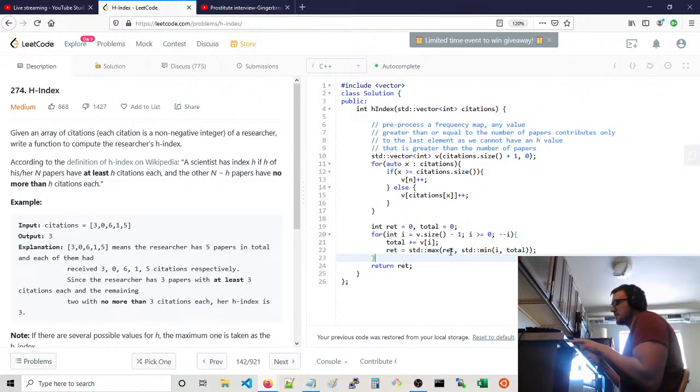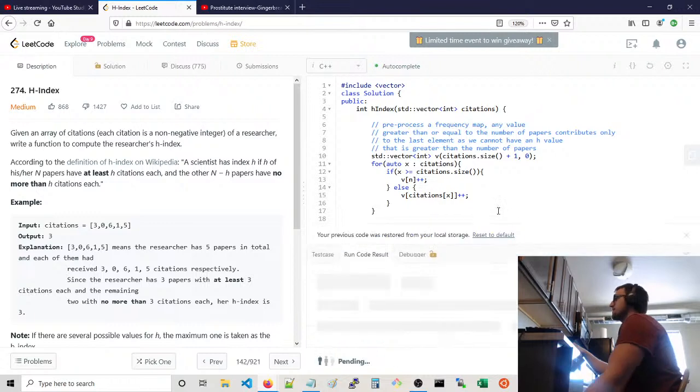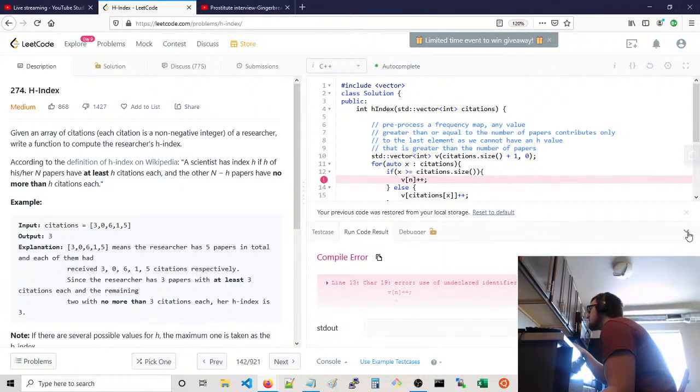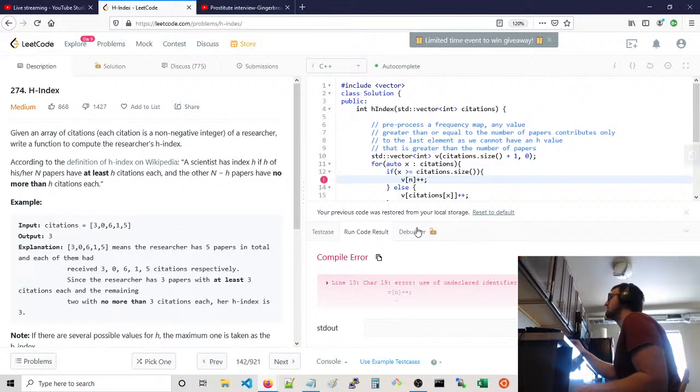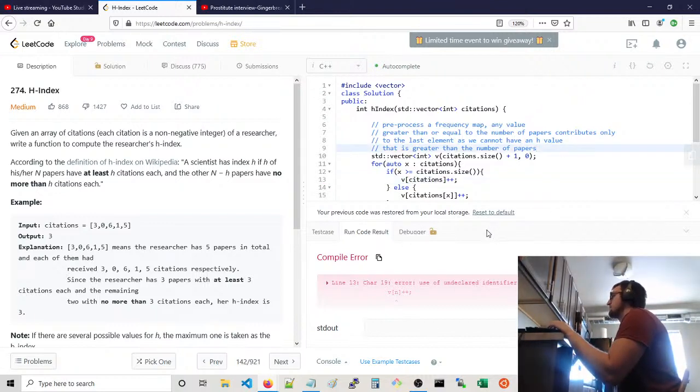If i is greater than the total number, then that total number is a potential value. So you take the minimum of those two. I think just like this. We can also make things a little easier.